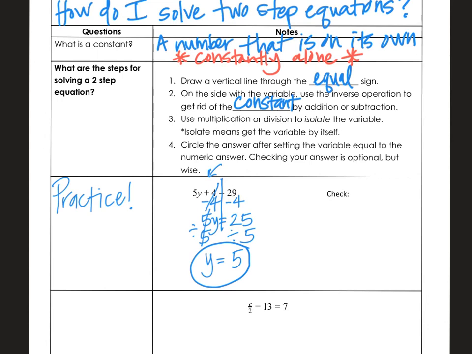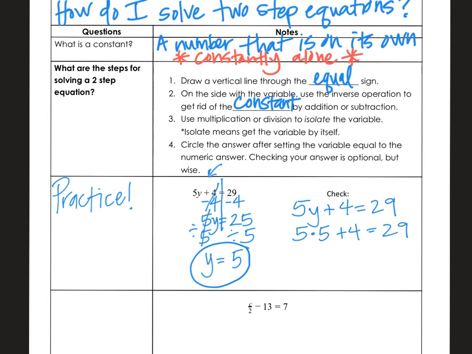So what we're going to do is we're going to plug 5 in for y. So let's go ahead and write the original equation. And now I'm going to plug my 5 in for y. And I want to make sure that it gives me a true statement. So I'm going to use my order of operations.